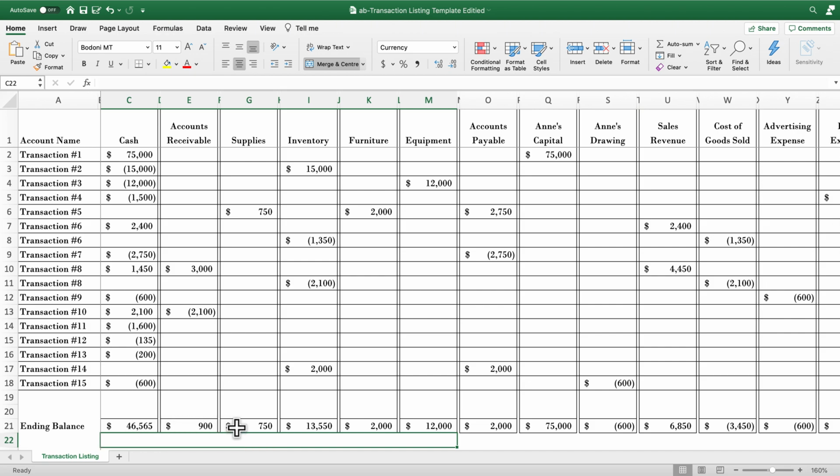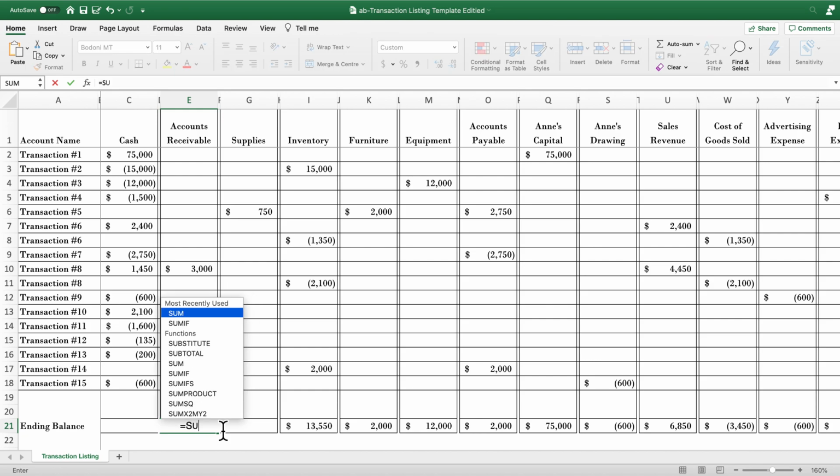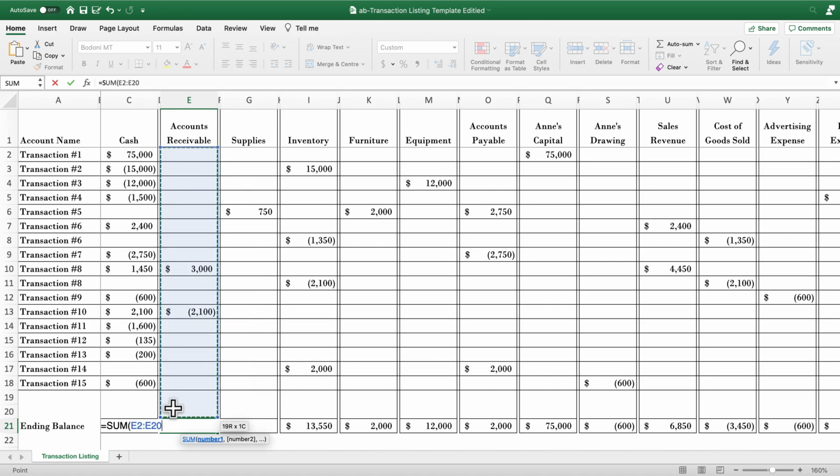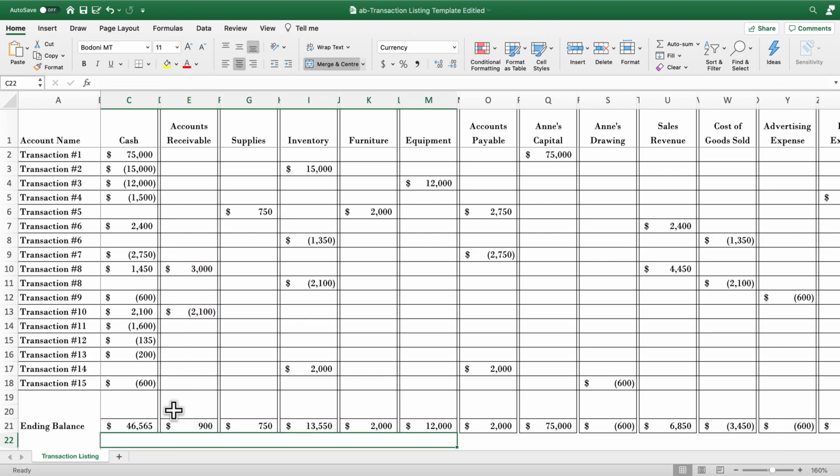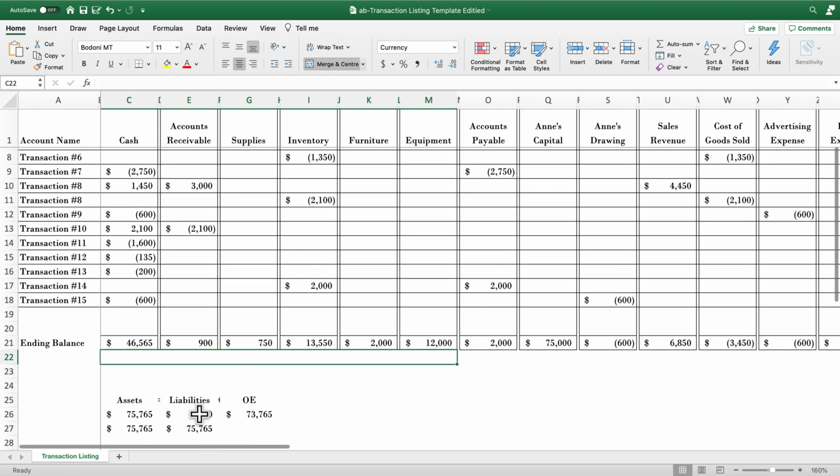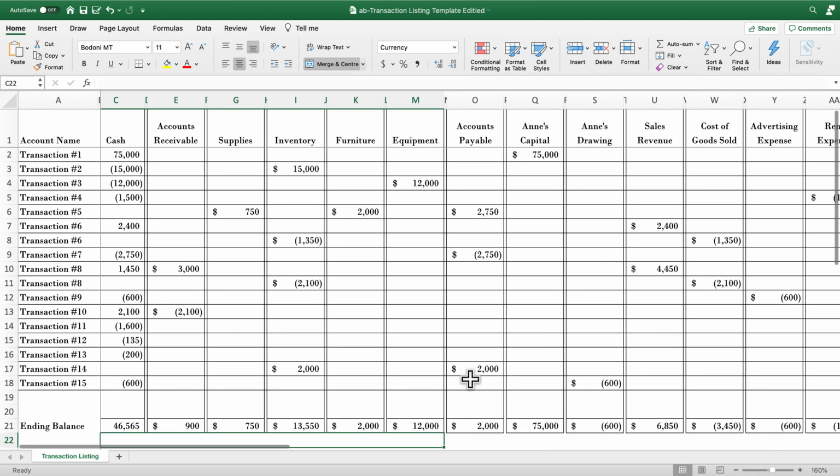Alright, and you do the same thing all the way down. So I have the same formula for accounts receivable, all the transactions under accounts receivable. And when you do this, it adds up to 900. Alright, so you do the same thing all the way down, and that's how you input the formulas.